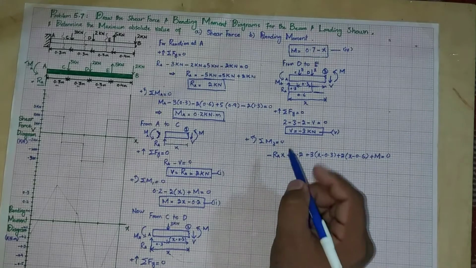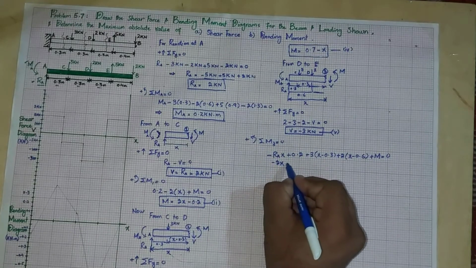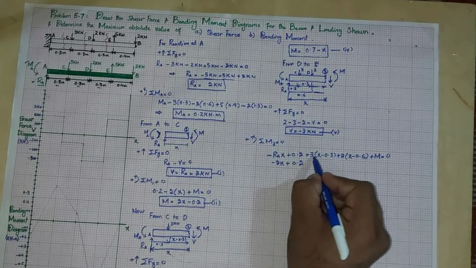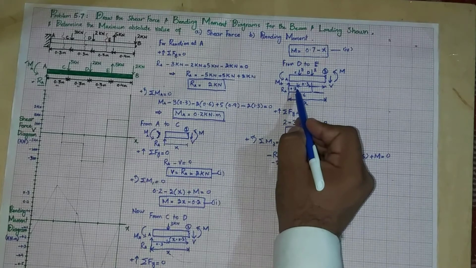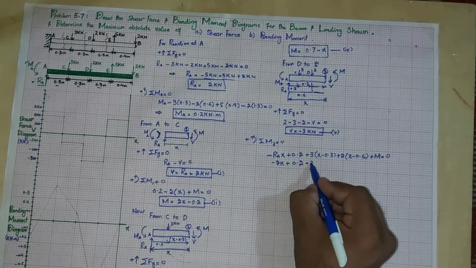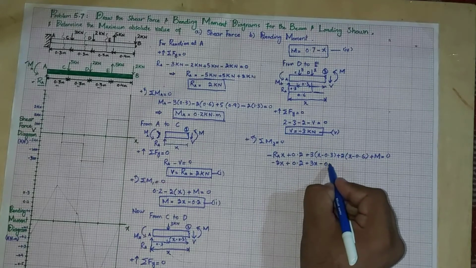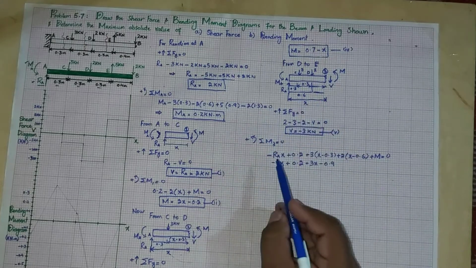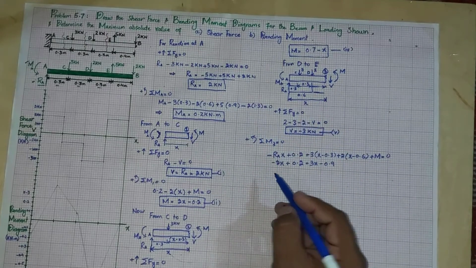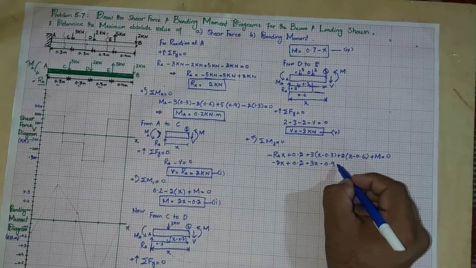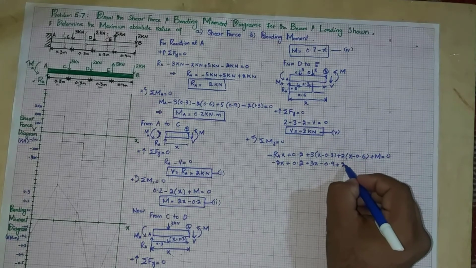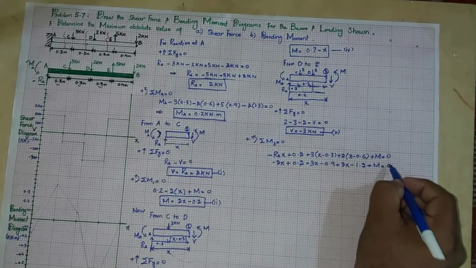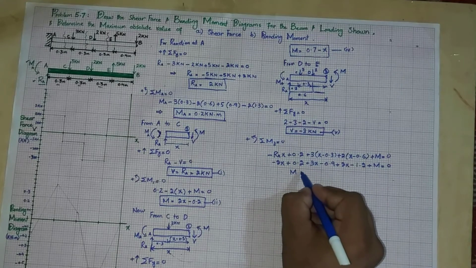So that will be equal to minus 2 into x plus the reaction moment at point A, which is 0.2, plus 3 into the perpendicular distance x minus 0.3, which is 3x minus 0.9, plus 2 into the perpendicular distance x minus 0.6, so that will be plus 2x minus 1.2, plus M is equal to 0. So M will be equal to this.